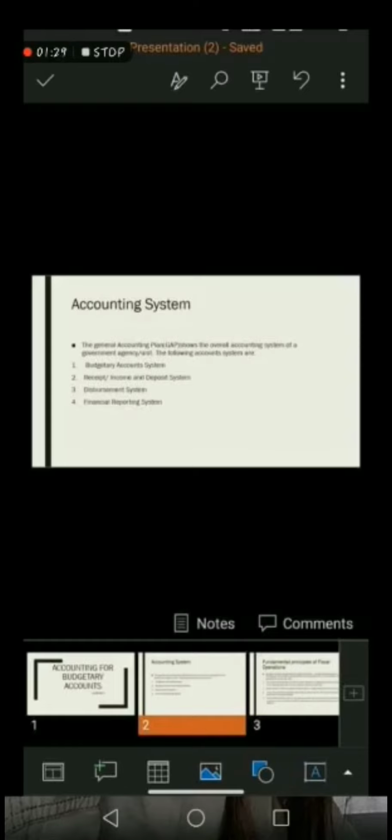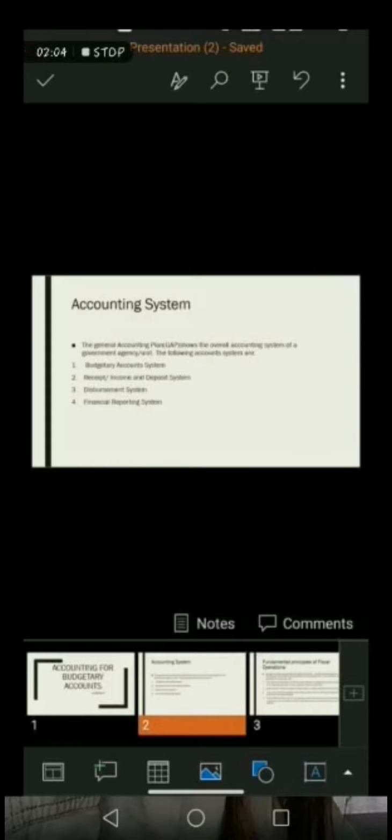It includes the source documents, the instructions and their accumulation in the books of account, and finally the conversion into the financial information data presented in the financial reports. The following accounting systems are: budgetary account system. So dapat na account ang sa mga sa pag-budget.